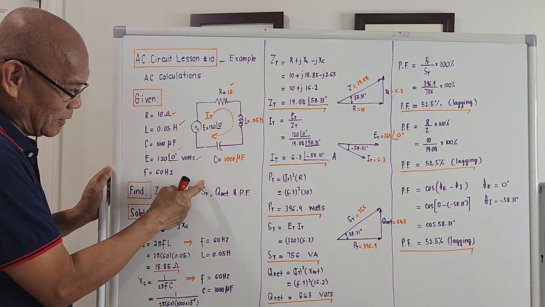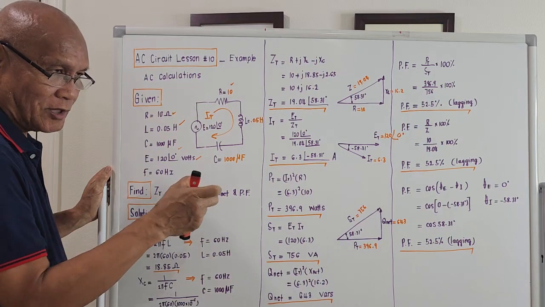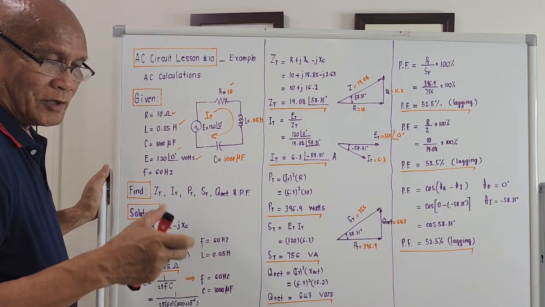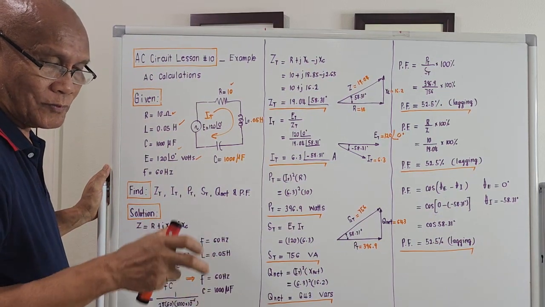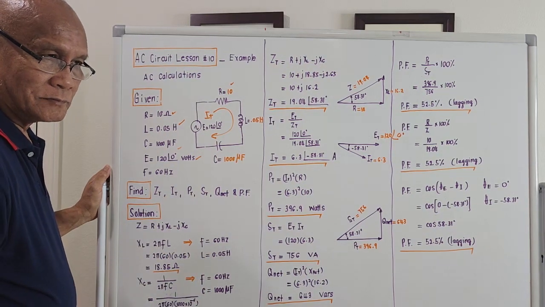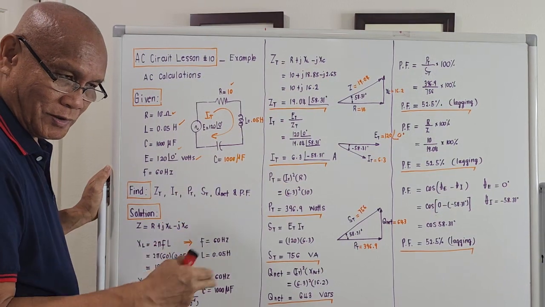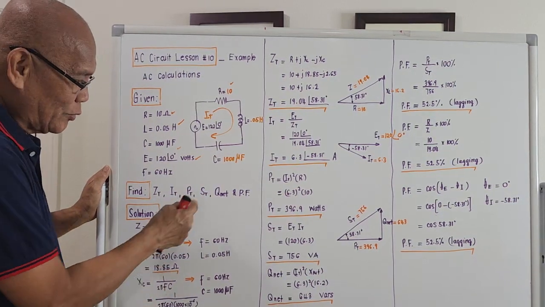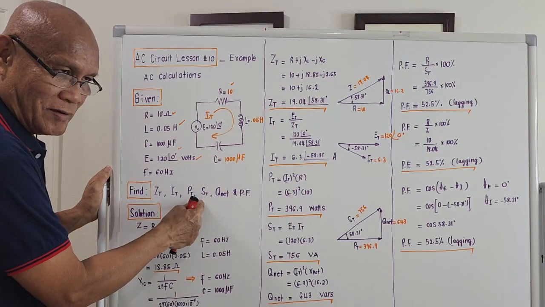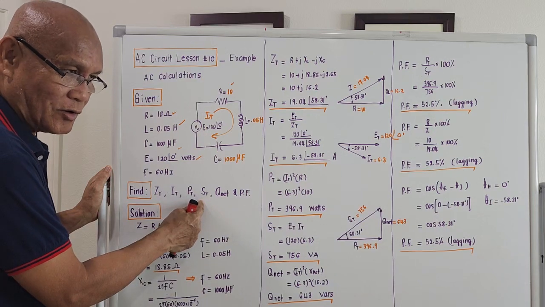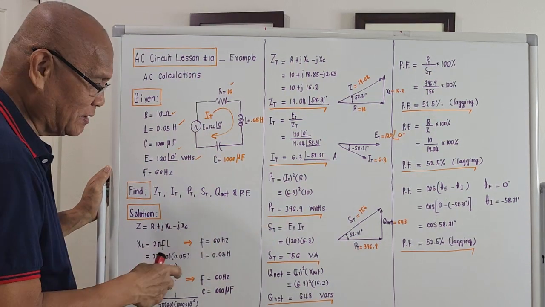Next one will be capital S with the subscript T, meaning the total apparent power, the total power drawn from the utility line. This is very important because in the computation of the wire size, we need S total, the total current and power drawn from the utility line.